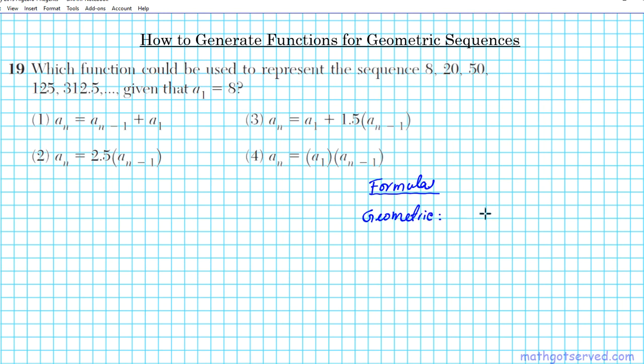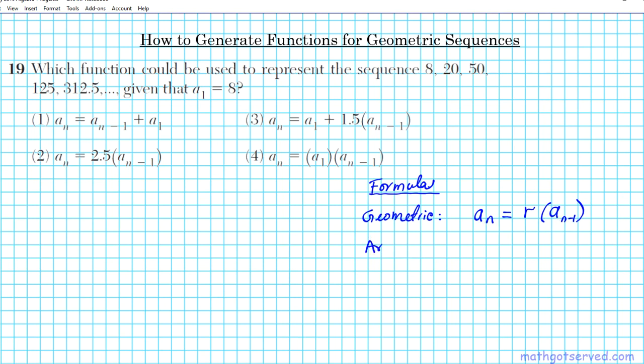In this case, we're using a function. So a of n, a as a function of n, is normally given by the common ratio multiplied by the term before, a sub n minus 1. Okay? So if you multiply a common ratio by a term, that gives you the next term. The term before a sub n is a sub n minus 1.